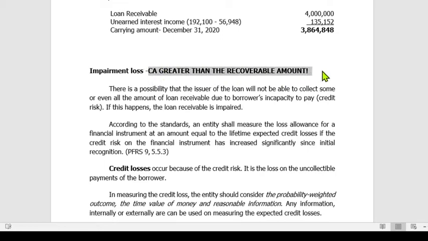Yan ang sinasabi under the impairment loss. Kapag yung carrying amount na nasa statement of financial position ay mas mataas na compared dun sa recoverable amount niya talaga at present, meron ka ng impairment loss. Ibig sabihin, nag-impair or bumaba yung value noong asset or financial asset na yon. Sir, bakit ba nagbabago yung financial asset na yon? So for example, dahil ang focus natin is the loan receivables, dito na papasok yung mga credit losses o mga credit risks.